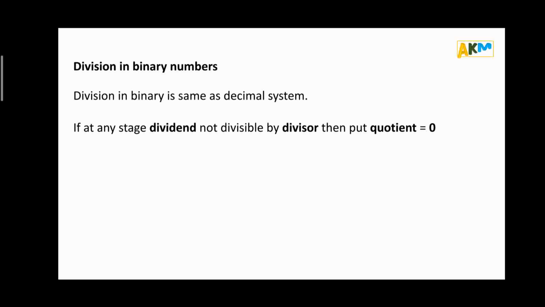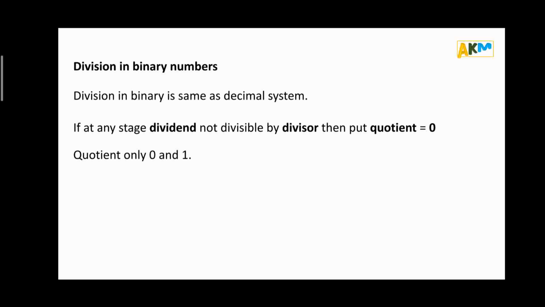One thing we have to remember is that the quotient should be only 0 and 1. No other digit should come. That is the verification that we have not made any mistake in the division.